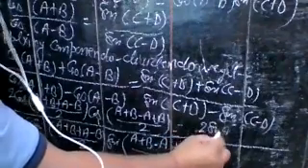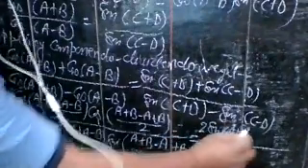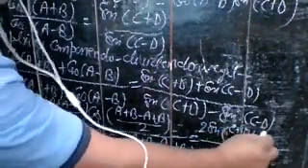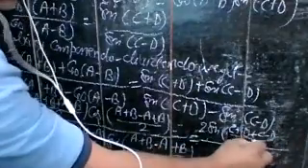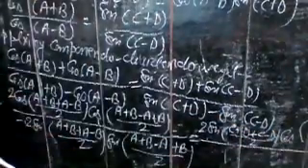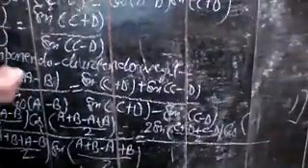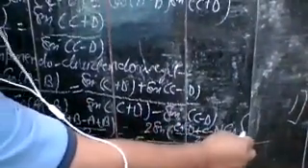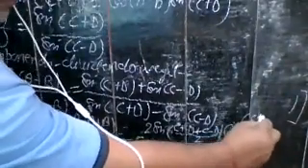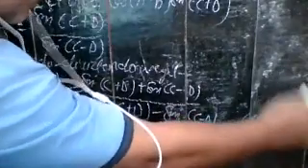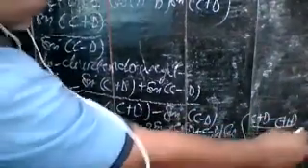So you have 2 sin((C+D plus C−D)/2) and cos((x−y)/2), so you can write (C+D minus C plus D) whole divided by 2.